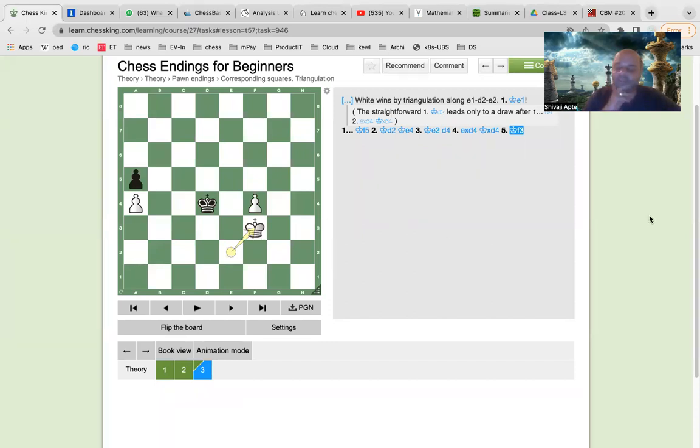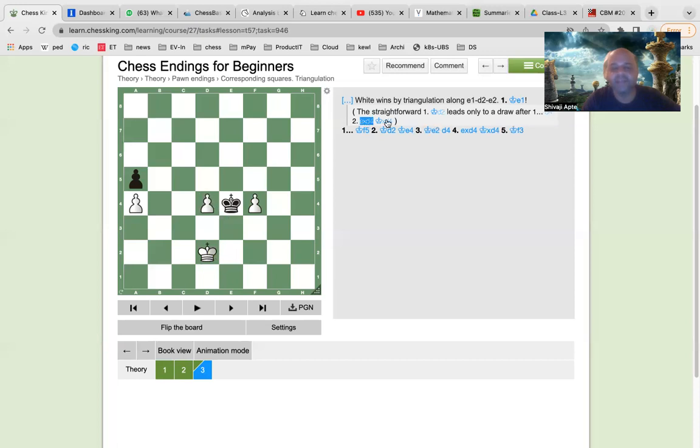So again, we saw how the corresponding squares help to win a game which otherwise was difficult. Just at the beginning, what we had seen in the position is that if white plays king d2 directly, it leads to a draw after d4. What we were thinking is king d2 and the black king will go to f5. But the black king has got an extra option, which is breaking the pawns on d4.